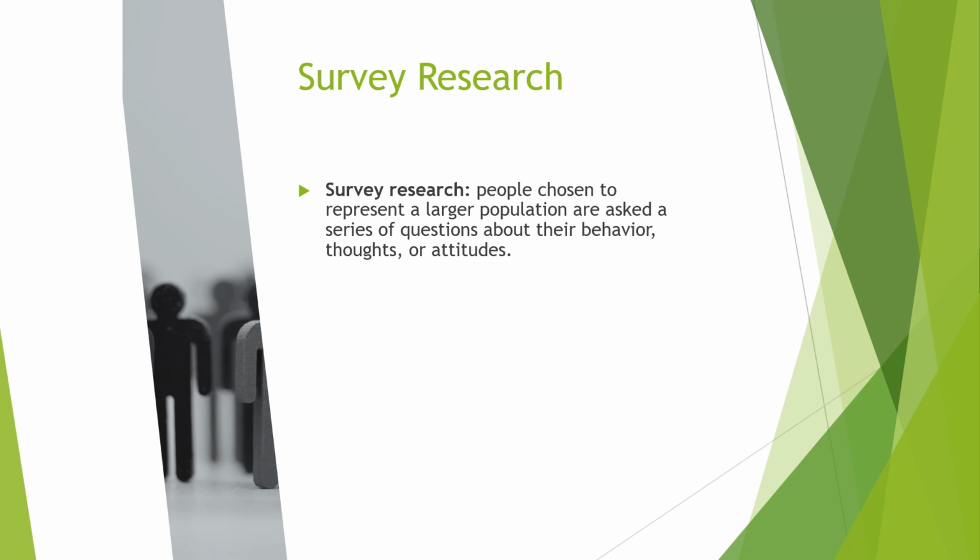So usually with survey research, you would use a Likert type of scale, right? So you would be asked on a scale of 1 to 10, how do you feel about this? Or how do you feel about that? With 1 being that you are not likely at all, or 10 being that you are very likely, right? So with survey research, you are being asked about your own thoughts and opinions.